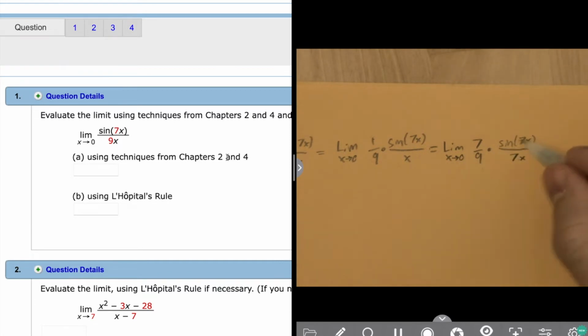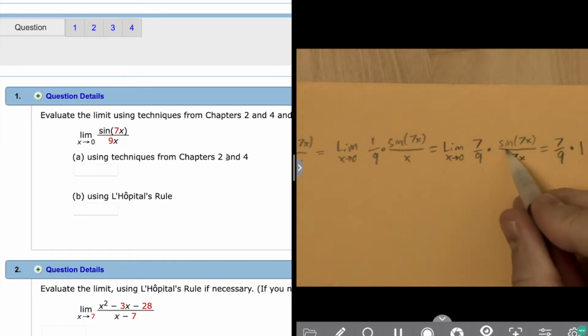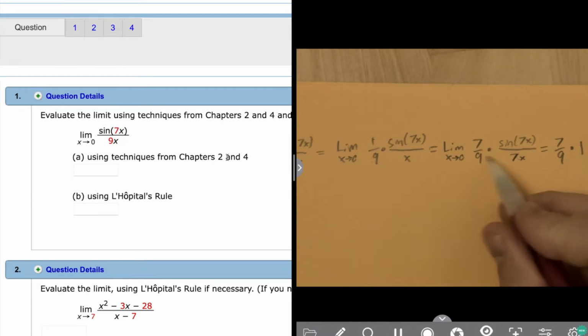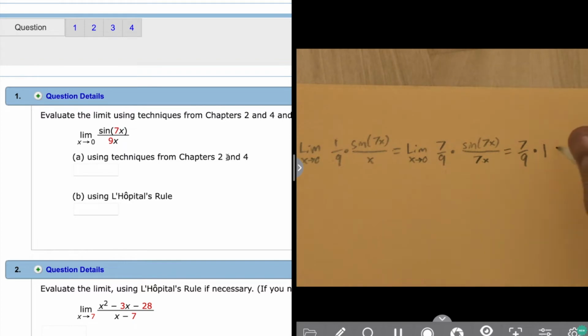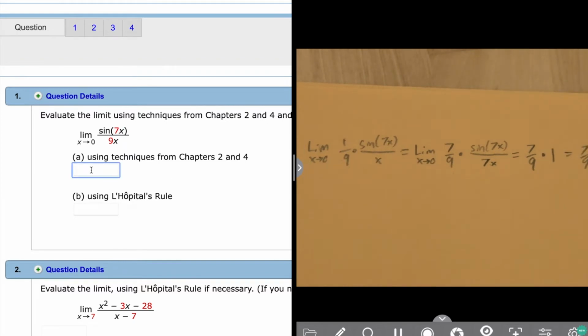Both of those structures approach 0 as x approaches 0, and we get this very famous limit which says this must be 7 over 9 times 1. It turns out that sine of some function over some function, when both approach 0, becomes 1, so we get 7/9. They say use techniques from chapter 2 and 4, and you get 7/9.